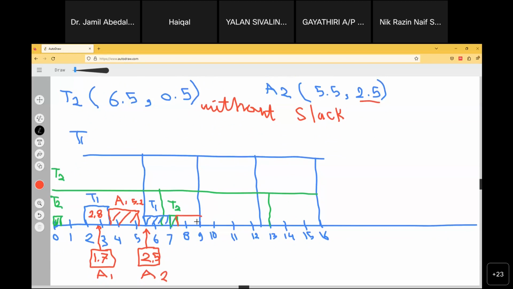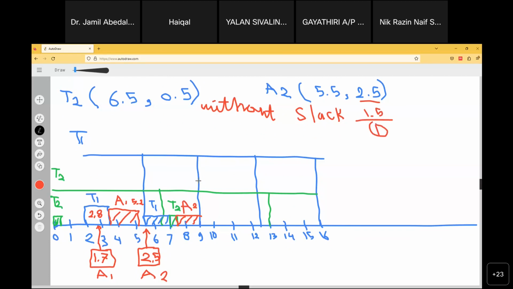Exactly. So we can execute until 9 only, because at 9 there's a new interval of task 1. So we can execute A2 only from 7.5 until 9. So we execute 1.5 only. The remainder will be 1 unit.